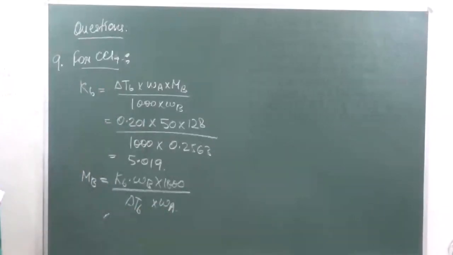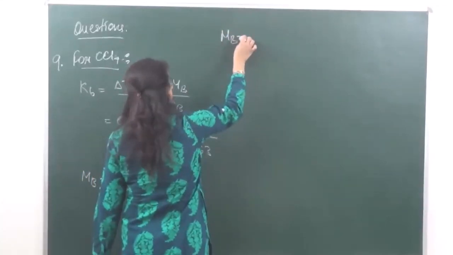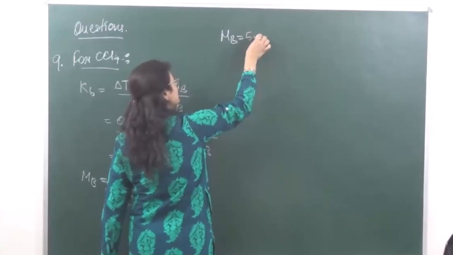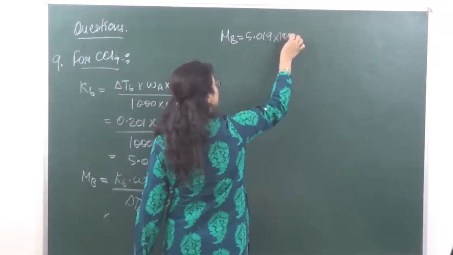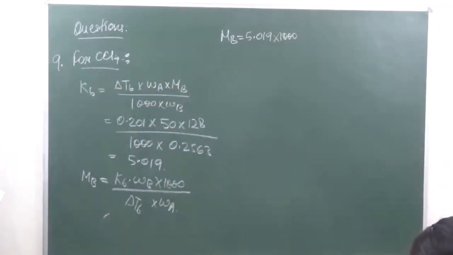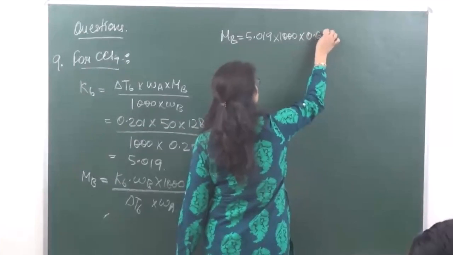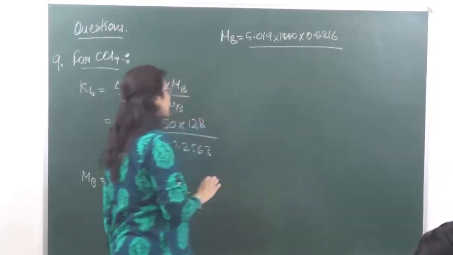Okay, so Kb we can see from here. Kb is how much? 5.019 into 1000 into Wb given in the second half is 0.6216, upon delta Tb.